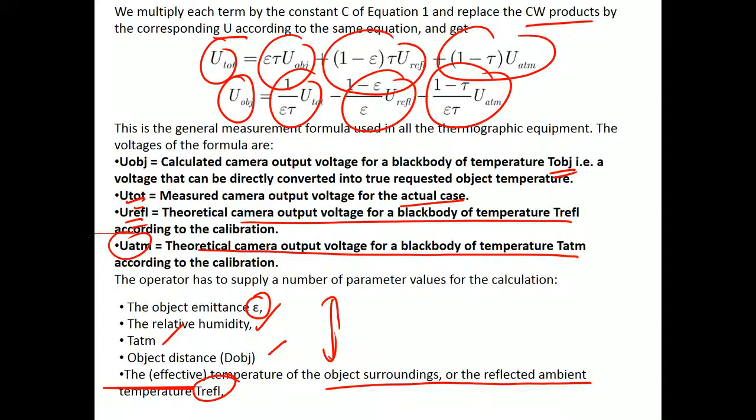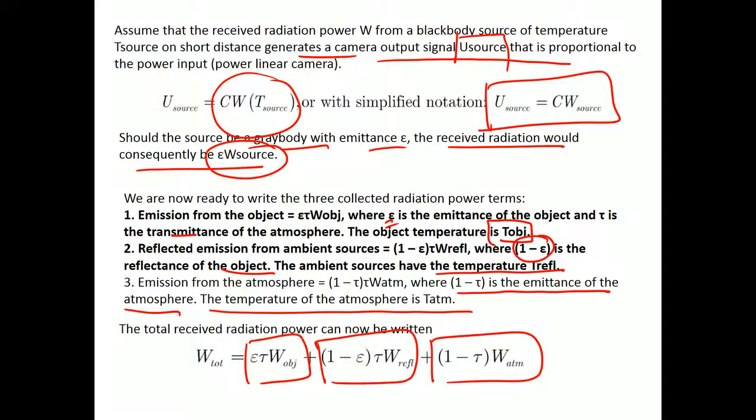Combining all these terms, you can come to a generalized expression for the camera output voltage and how it is related to T source, or T object. You should now be able to recalculate this from the expression.